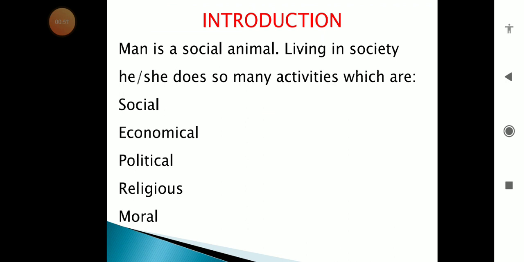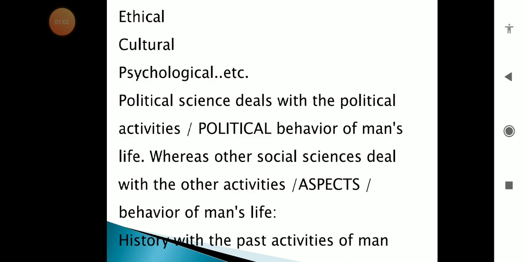Man is a social animal. Living in society, he does so many activities which are social, economical, political, religious, moral, ethical, cultural, psychological, etc. Political science deals with the political activities and behaviors of man's life, whereas other social sciences deal with other aspects of man's life.